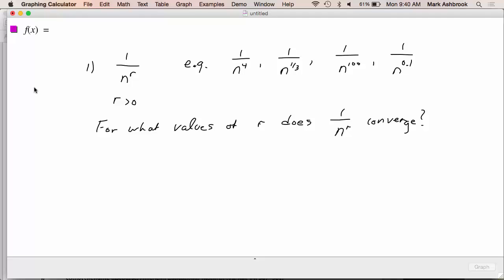He wants 1 over x to the r. Do you agree with that? 1 over x to the r would be the function associated with the sequence 1 over n to the r. Okay, I hope it's right. We'll go with it. I'll use capital R because little r is used for something else in this program.